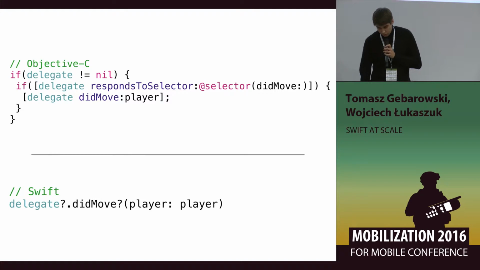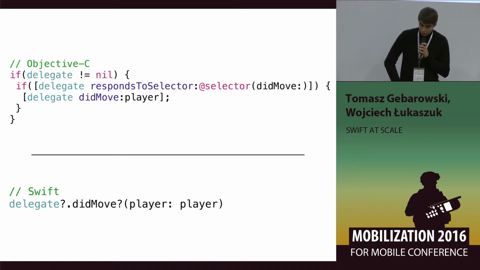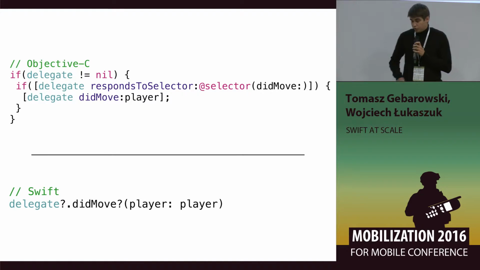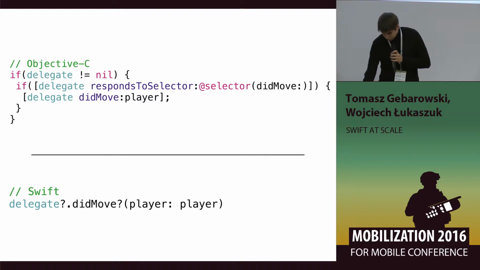We can compare calling an optional method of a delegate in Objective-C and Swift, and you can find out that it's much easier in Swift. Simpler.